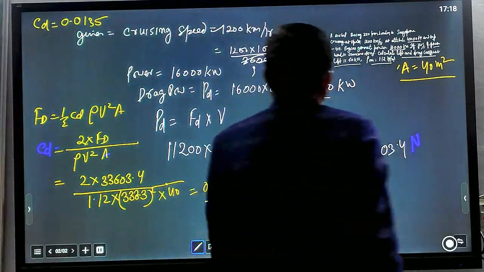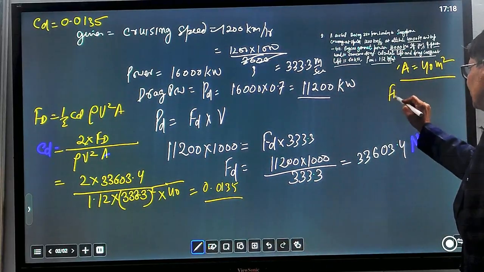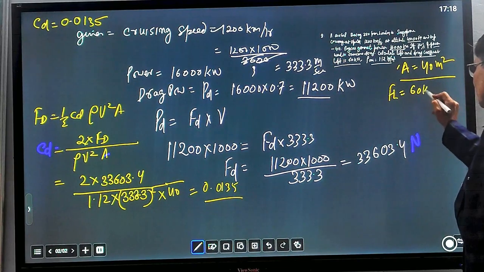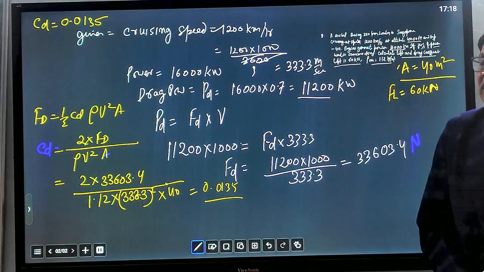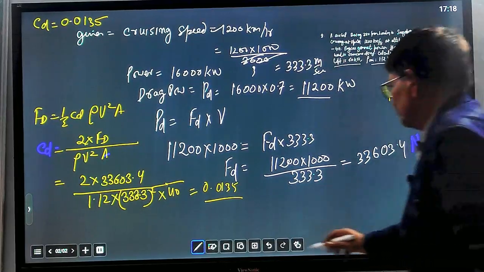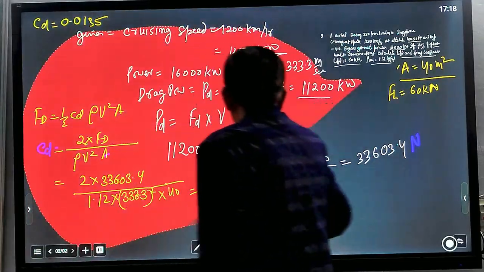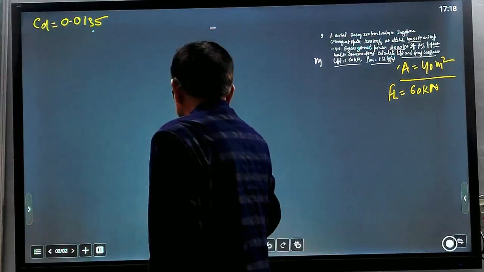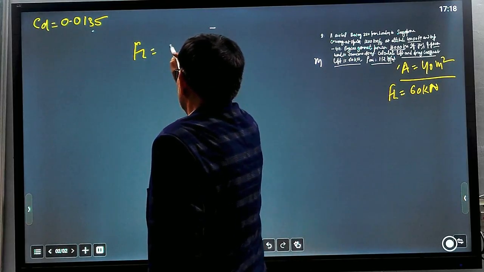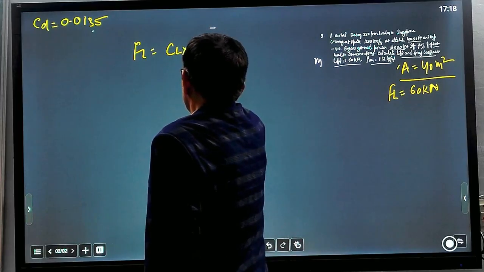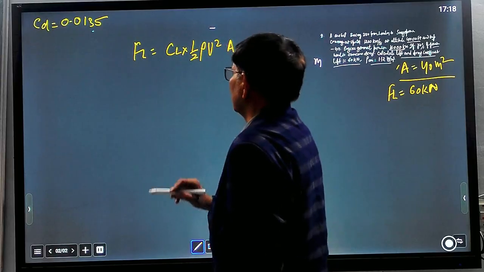So now CD equal to 0.0135 and total lift was given 60 kilonewton. Lift force FL is given here. In the question FL is given because that load has to be taken up by the plane. So let us calculate the lift coefficient. For that we use the equation FL equal to CL into 1 by 2 rho V square into area of the wing.